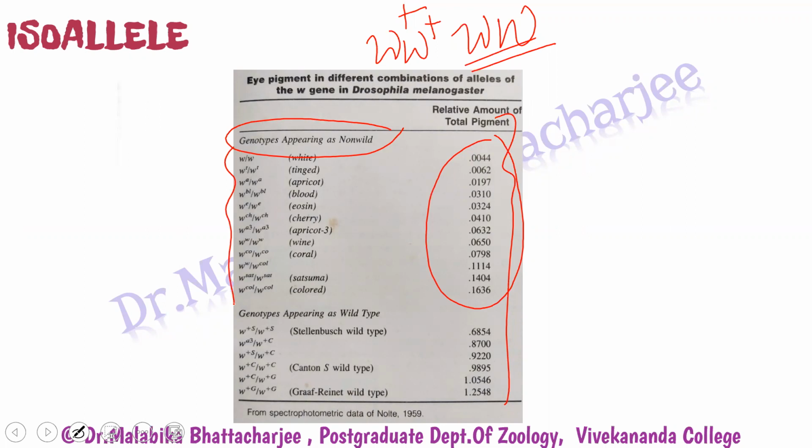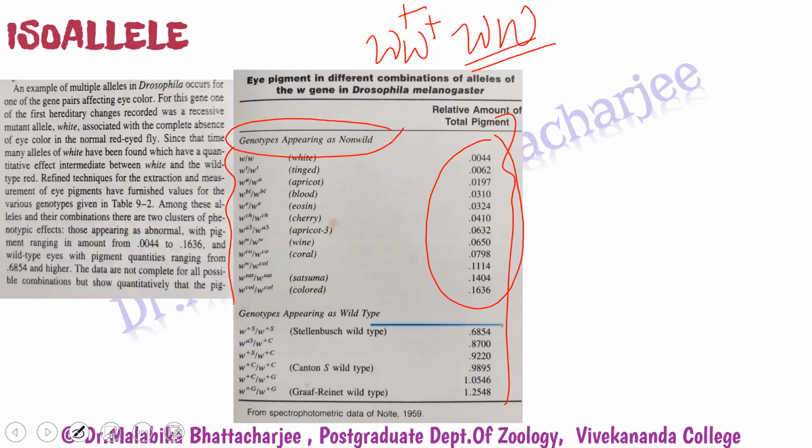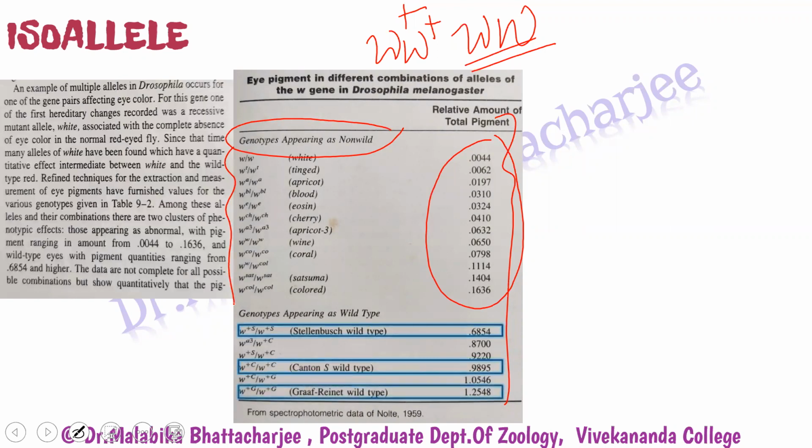Similarly, interestingly, if we look into these three cases that I am showing you in blue boxes, you can see the relative amount of total pigment is different. The symbol is also different, but all of them phenotypically exhibited red color. Red color is given by w plus w plus.